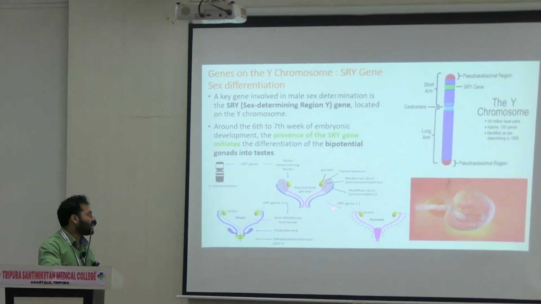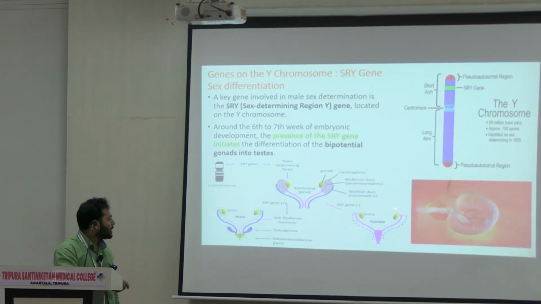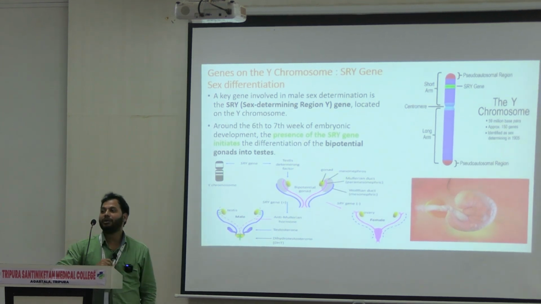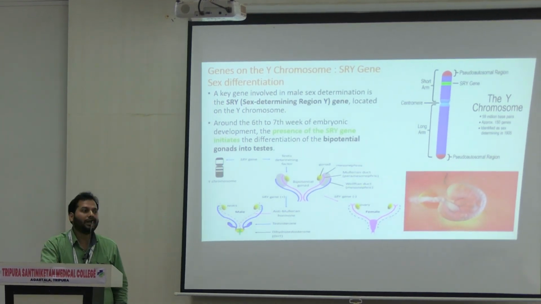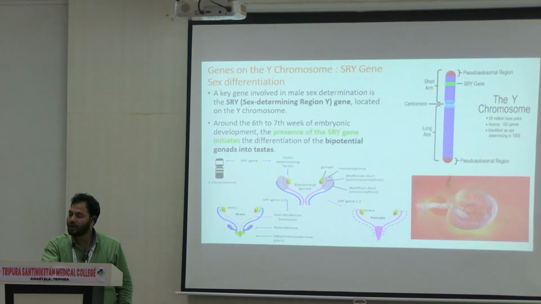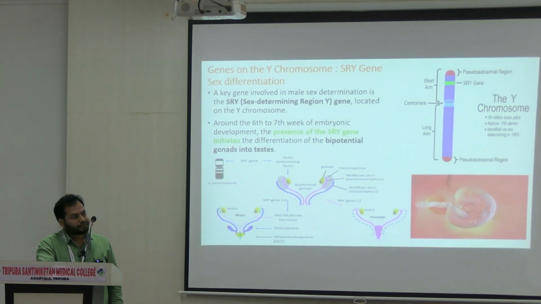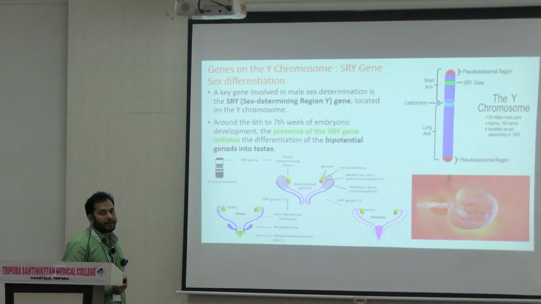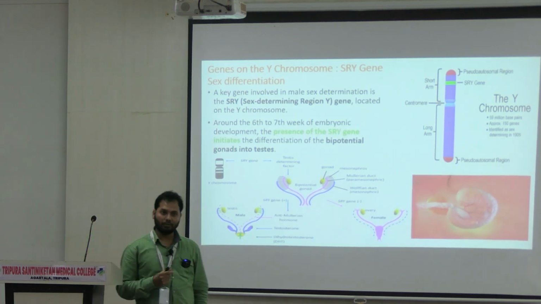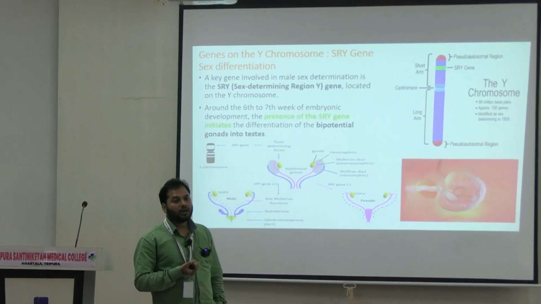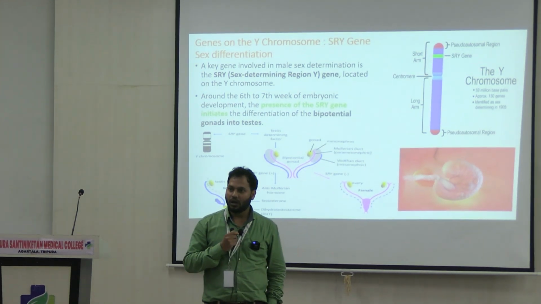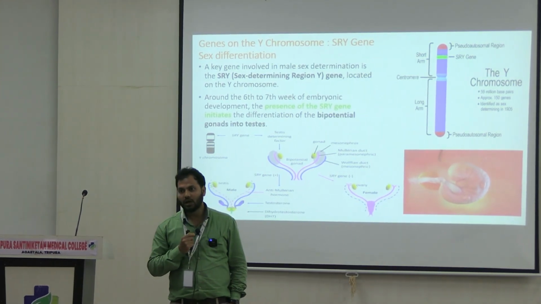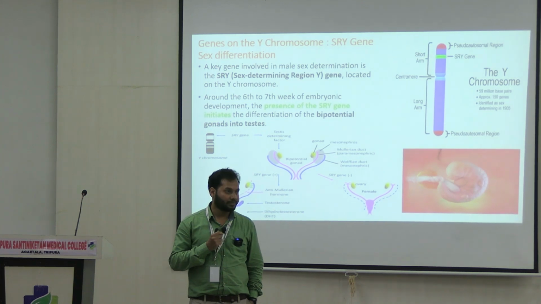Whereas in the absence of the SRY gene, you can see there is a development of female internal genitalia or female reproductive organs, right? Now the question is whether only the SRY gene is involved with the differentiation of bipotential gonad or other genes also take part.